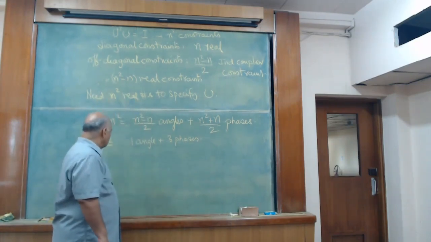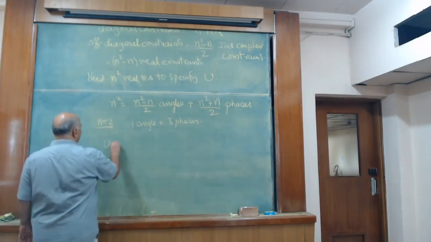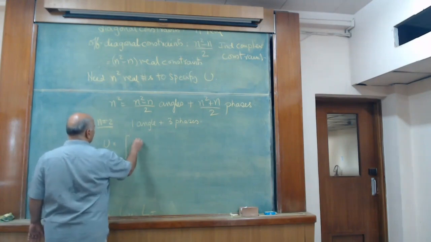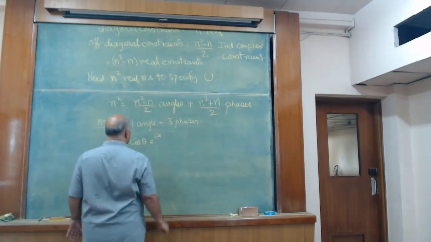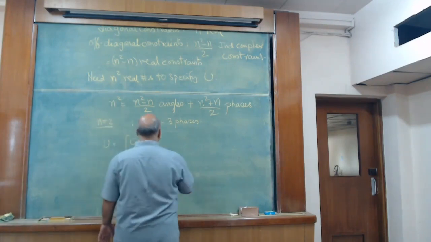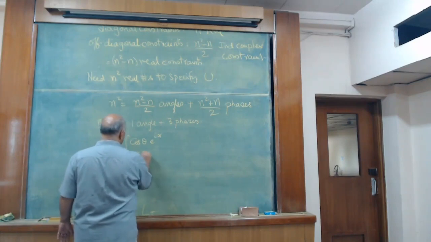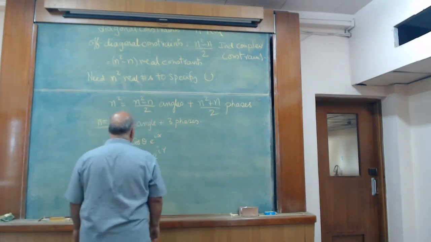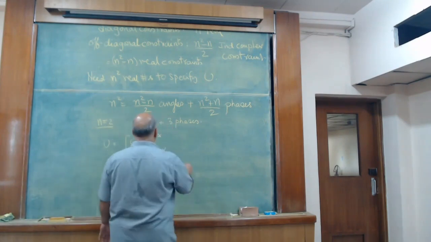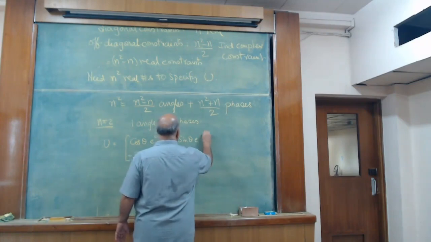So let me write the 2 by 2 matrix as cos theta e power i alpha, minus sin theta e power i gamma, sin theta e power i beta.